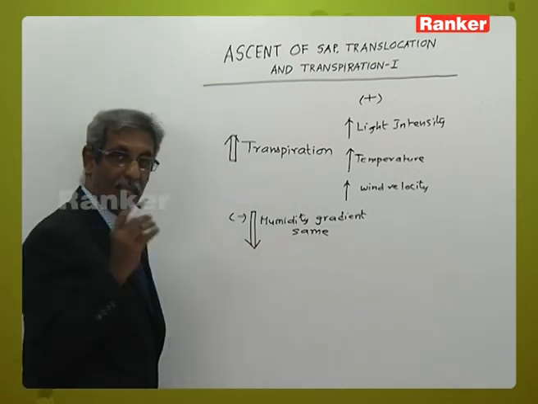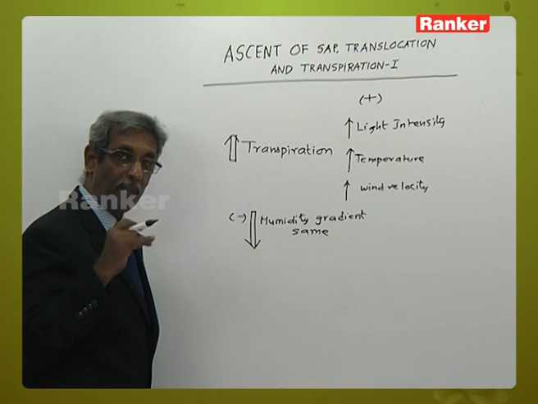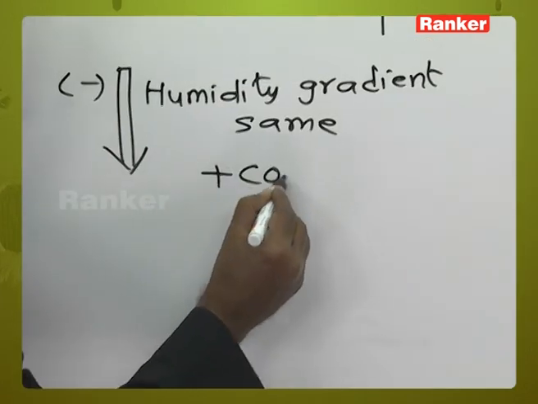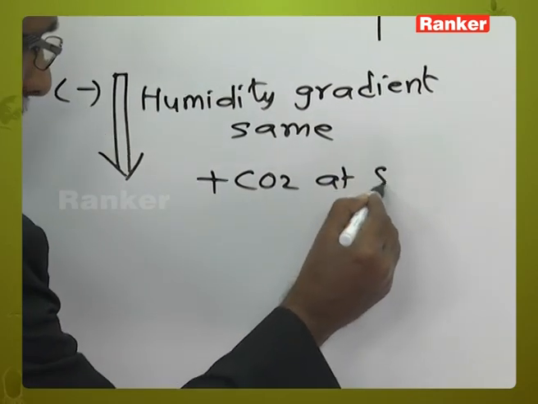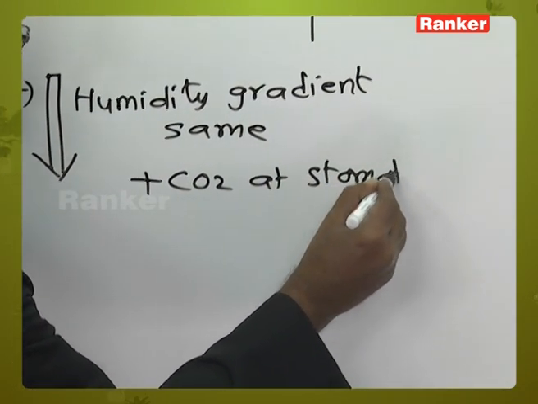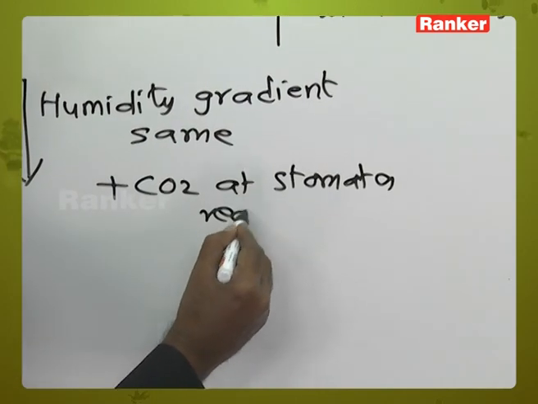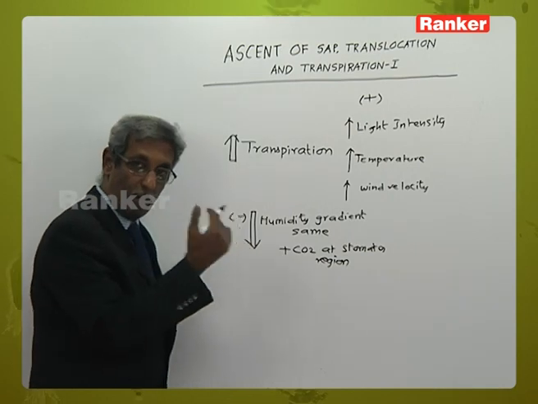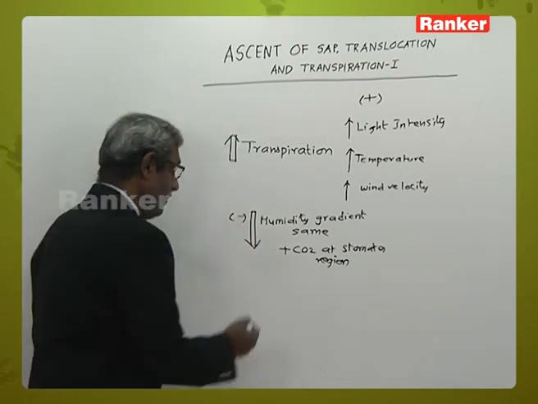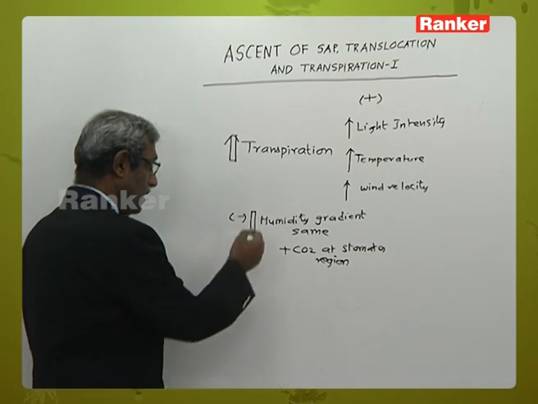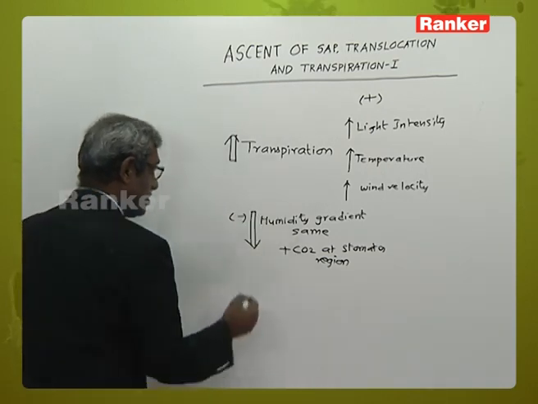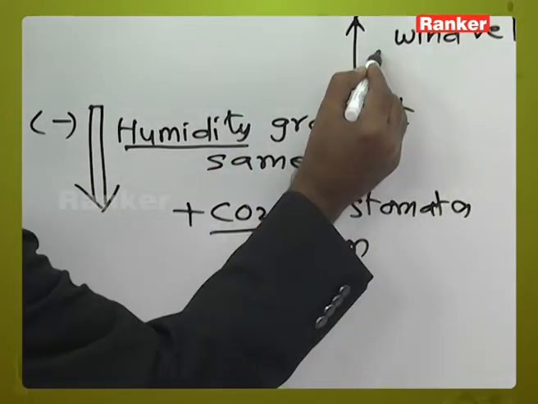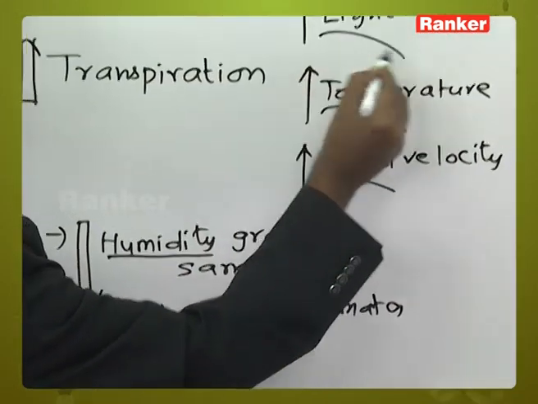And again, in case there is more abundance of carbon dioxide near the stomata, high carbon dioxide at the stomata region, there is competition between carbon dioxide and water, and thereby water is not lost and carbon dioxide is sucked in, thereby the transpiration rate is low. So it's important that we keep in consideration these factors: humidity, carbon dioxide, wind, temperature and light.